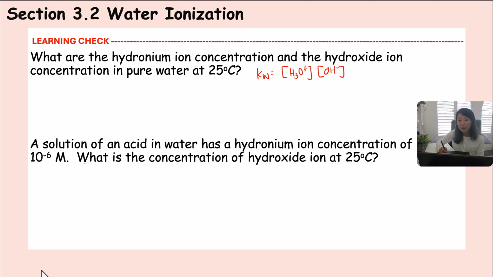In pure water, the concentrations of hydronium and hydroxide are exactly the same. So this is x, and then this must be x. Kw we already know the value for, which is 1.00 times 10 to the negative 14, equal to x times x. X times x is x squared.